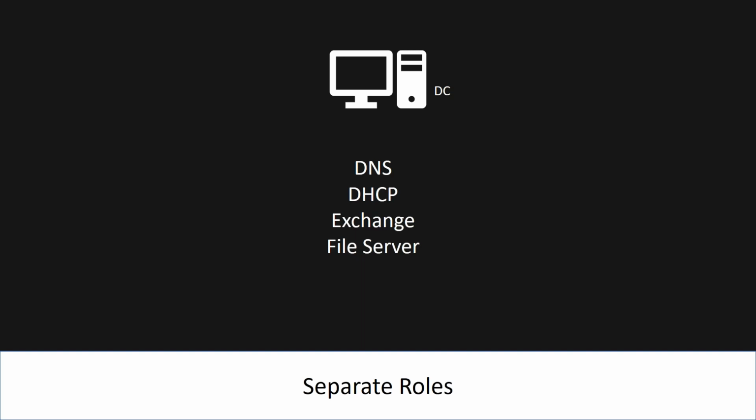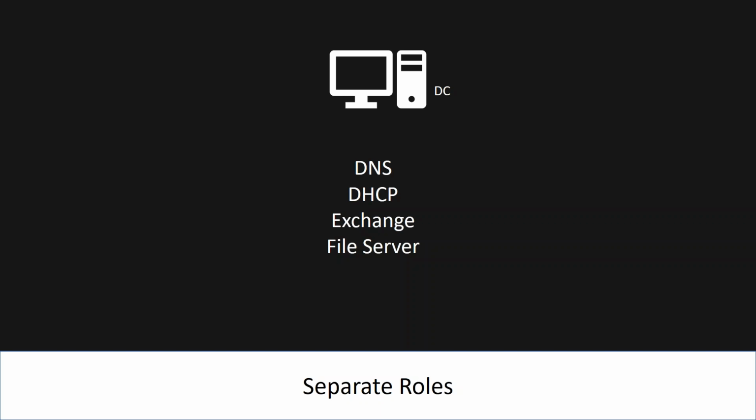So the server is primarily installed as a domain controller. But then on top of that, of course, we need to have things like DNS, DHCP. Okay, maybe that's not the end of the world. But then we need everything else on top of that as well. We need there maybe to have Exchange and the file server and whatever else that business requires.